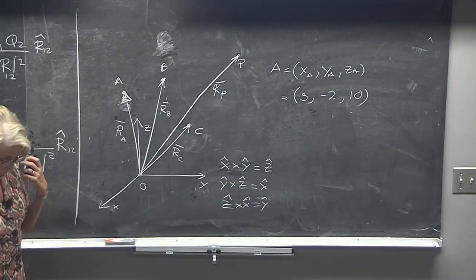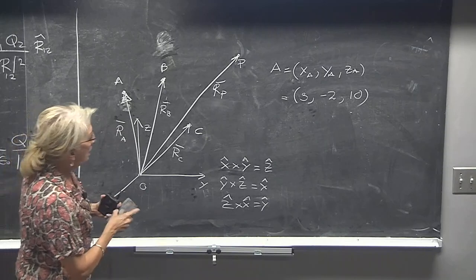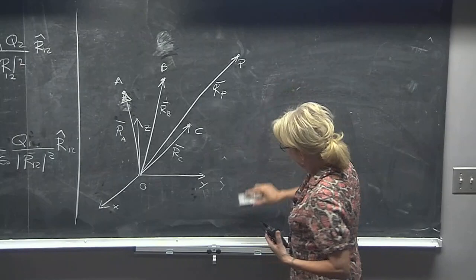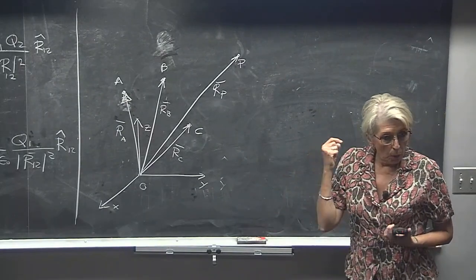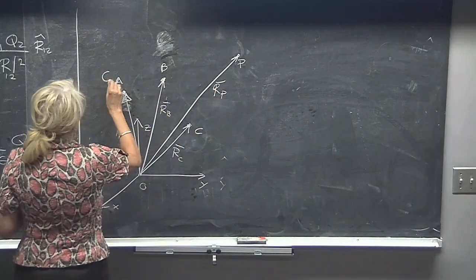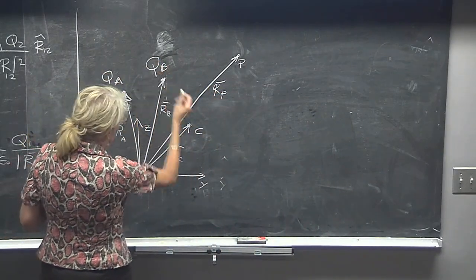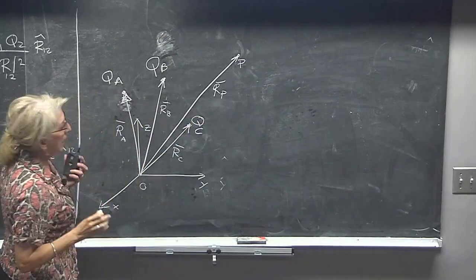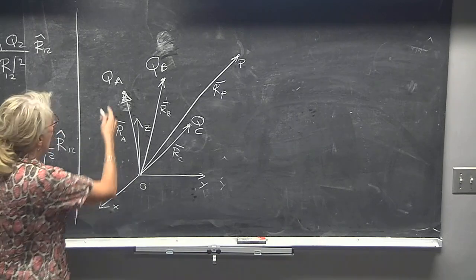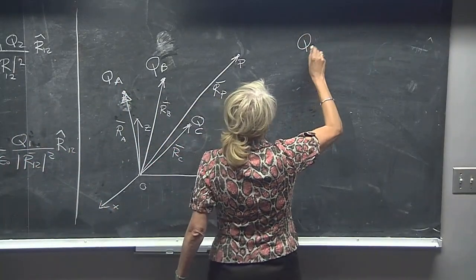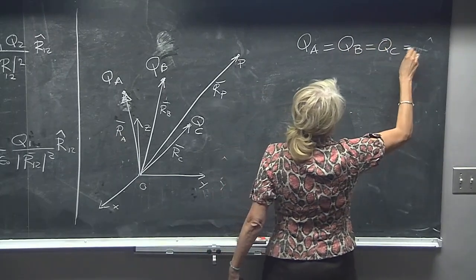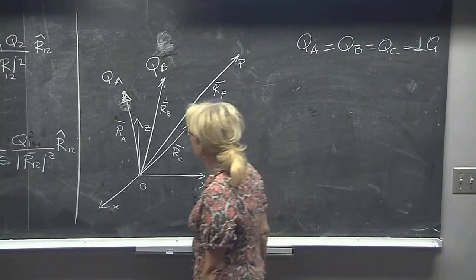Okay. Now, I'm done with the definition of the points, but now I need to go back and place the charges here. So I place a charge QA, QB, QC. I place those three charges. And in this problem, I know how much they are. Let's assume that QA, for the time being, that they are identical, 1 coulomb, just for simplicity.